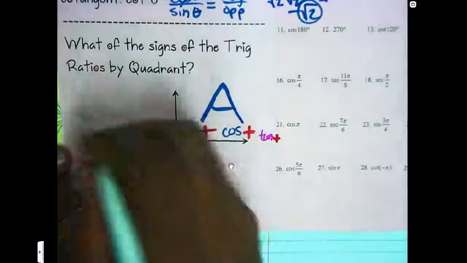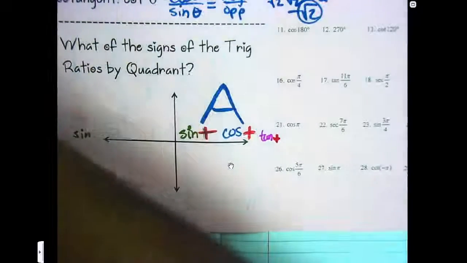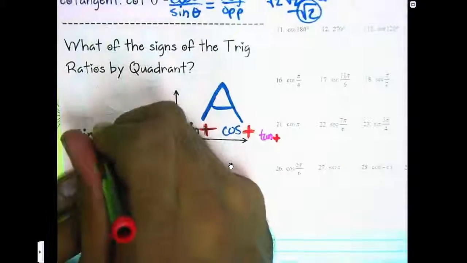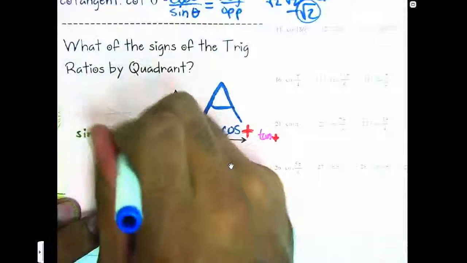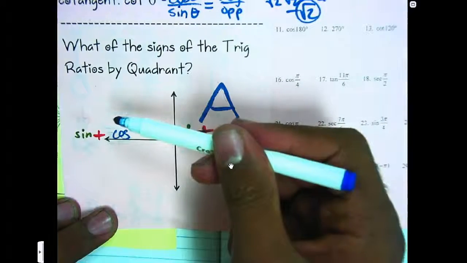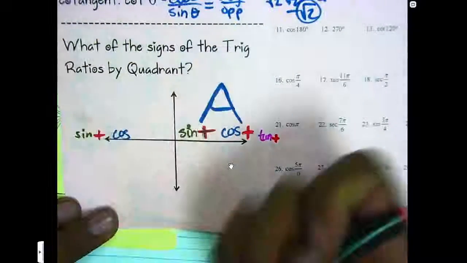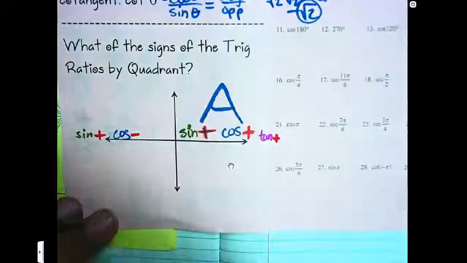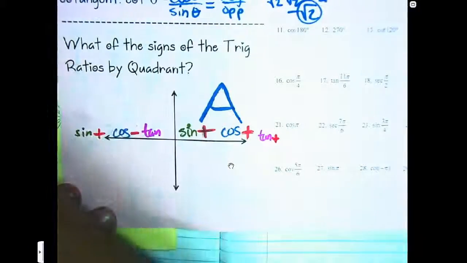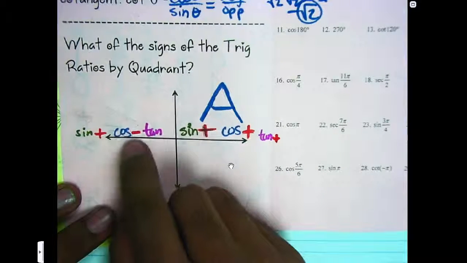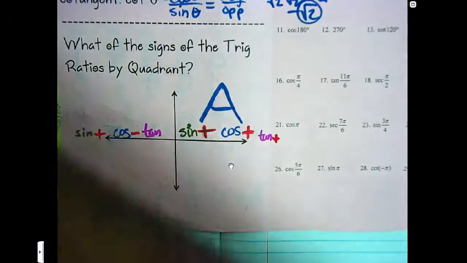Now in quadrant 2, over here, sine is, again, the y value, and above the x-axis, y is always positive, so that's still positive. But then cosine, in quadrant 2, on the left side of the y-axis, is going to be negative. And then tangent, again, is sine over cosine, so it's positive over negative, and positive divided by negative is a negative.